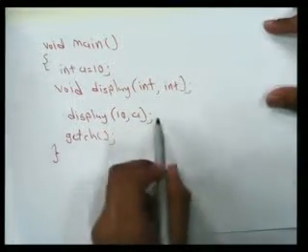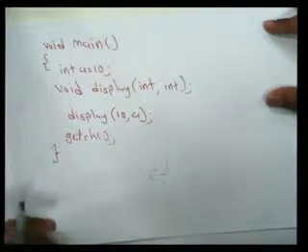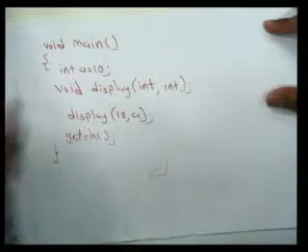From this line again, as I said, the compiler will jump over to the actual implementation of the function which will be there outside the void main.